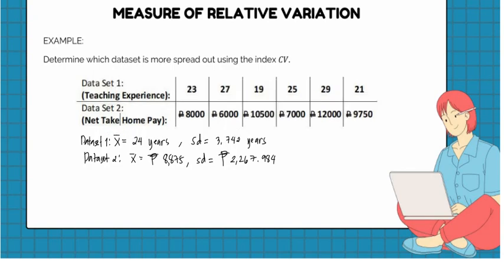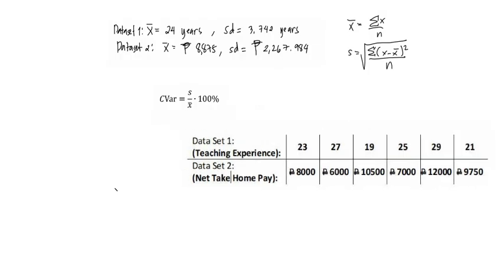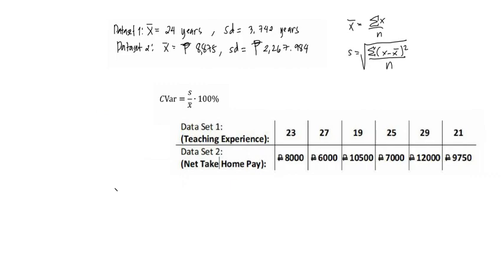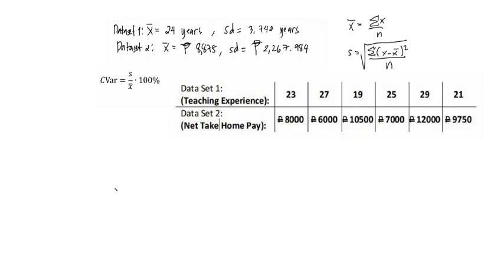Let me just crop this portion right here and then transfer it to another page. So ito, diba, ito yung formula, and if you want to get the mean, that is x bar equals the summation of x divided by n.